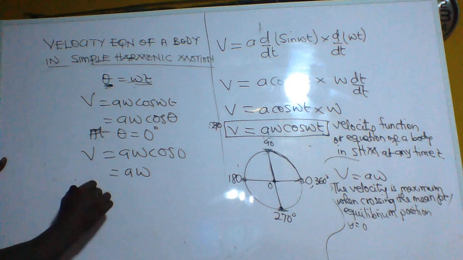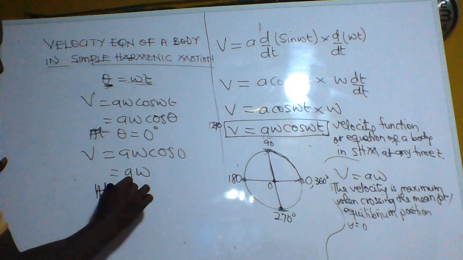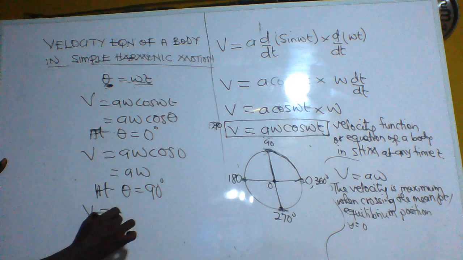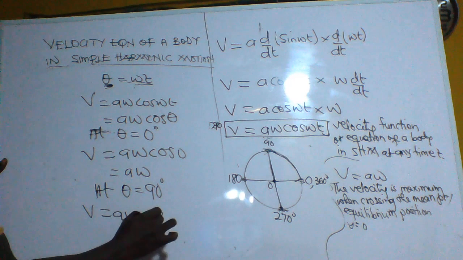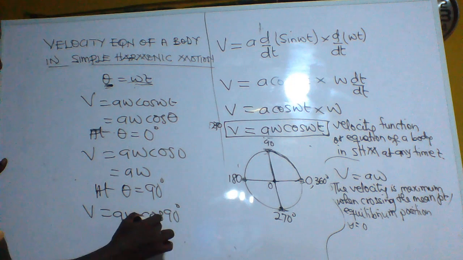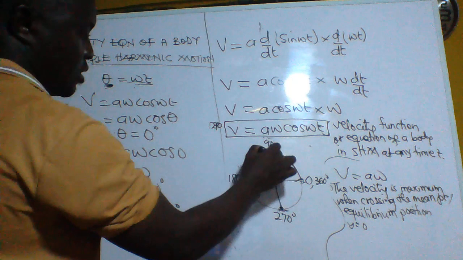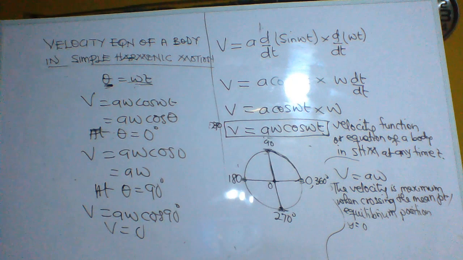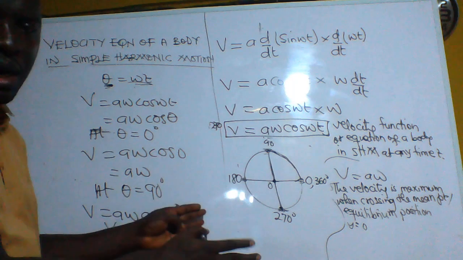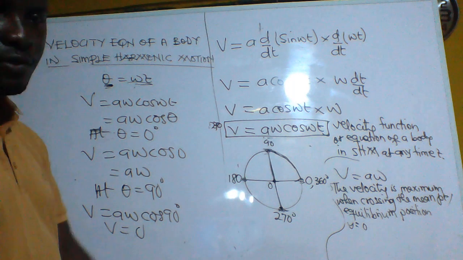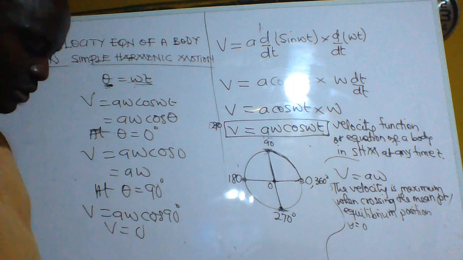At theta is equal to 90, you have v is equal to a omega cos of 90. Cos 90 is 0, and so v will be equal to 0 over here at one of the extremes. So you can do this same analysis using angles or in terms of the time.